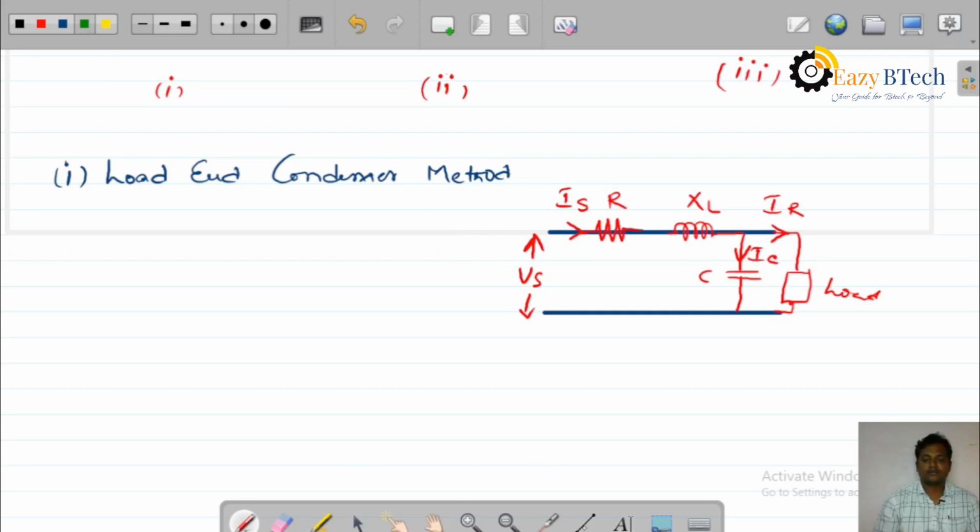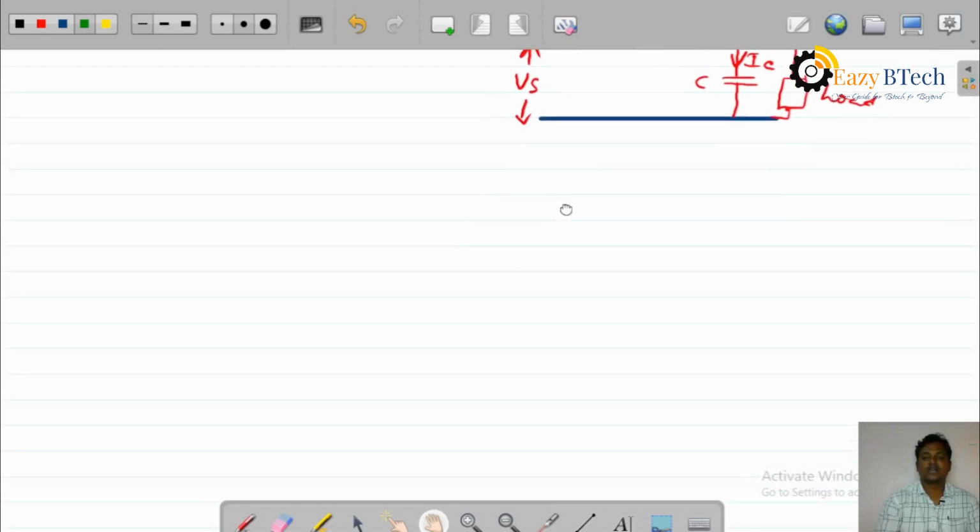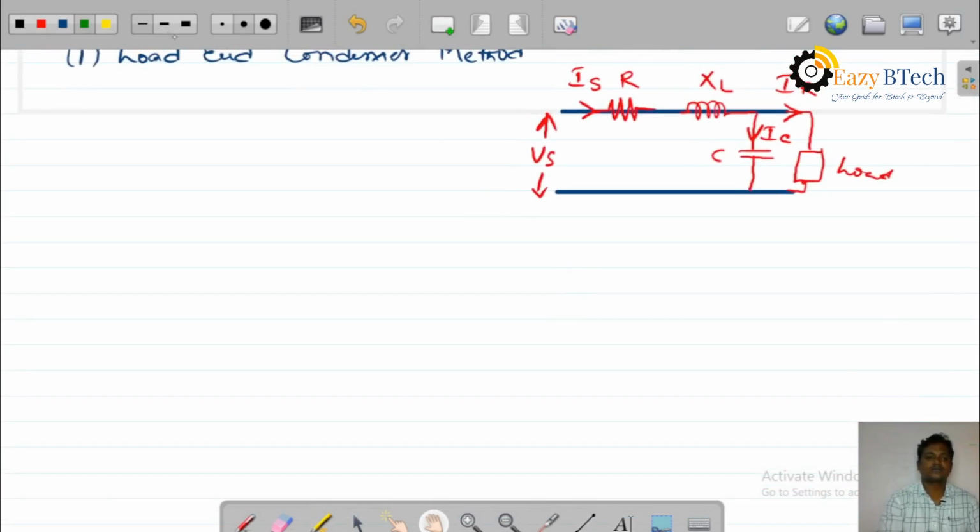Here I want to draw the phasor diagram for this case. In the phasor diagram, I am taking VR as the reference. VR is the reference, and the current IR lags VR at an angle of phi r.